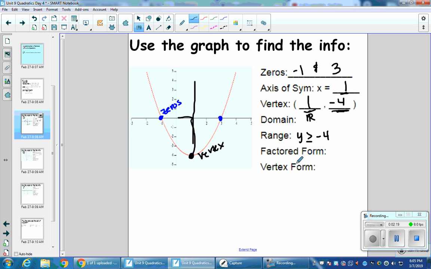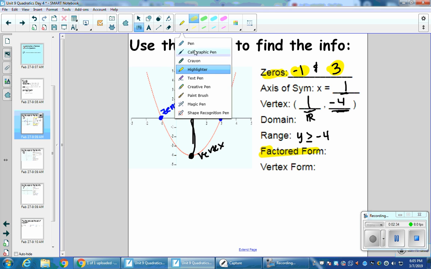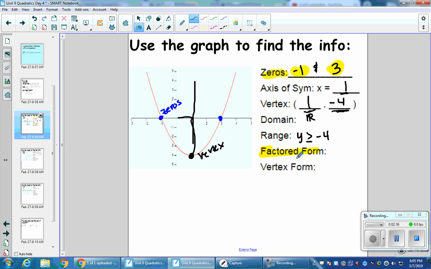All right. And then lastly, we use our roots to find our factored form. So if we look at this here, our zeros are at -1 and 3. So to write our factored form, that's what we're going to utilize. So it's going to look like we wrote in the notes, y equals double parentheses, right? And if it's a negative, remember whenever I put something in the parentheses, I'm going to change it to a positive.